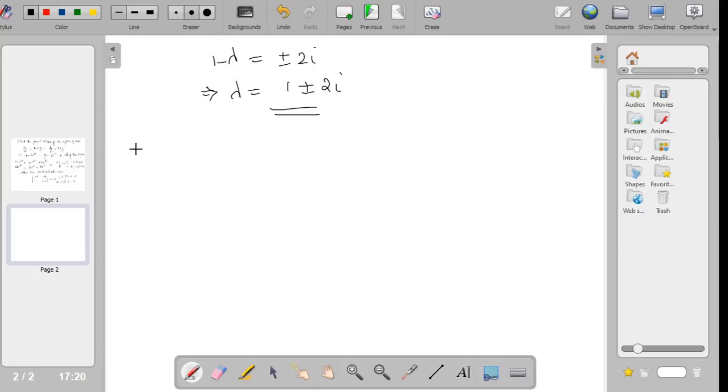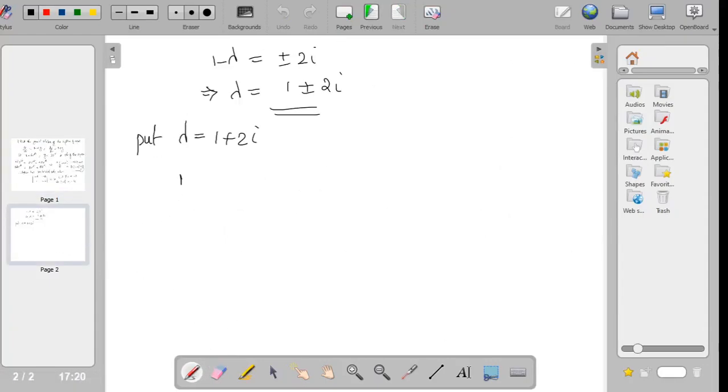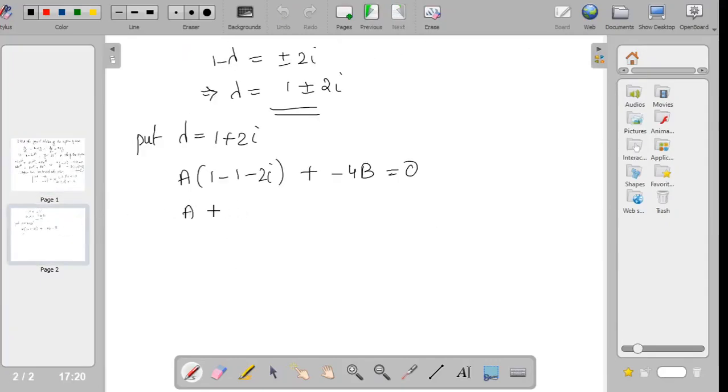Now we will substitute. So put λ = 1 + 2i in this equation. So this will be equation 1. So you will get a(1 - 1 - 2i) - 4b = 0. Then the second equation is a + b(1 - λ), so a + b(1 - 1 - 2i) = 0.